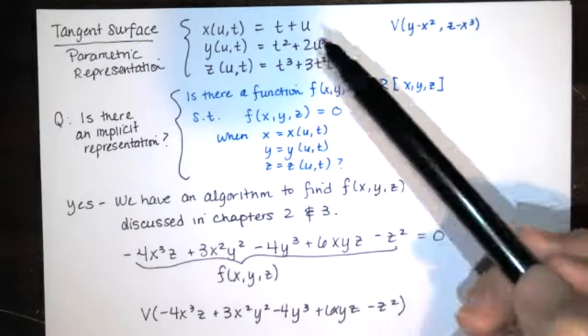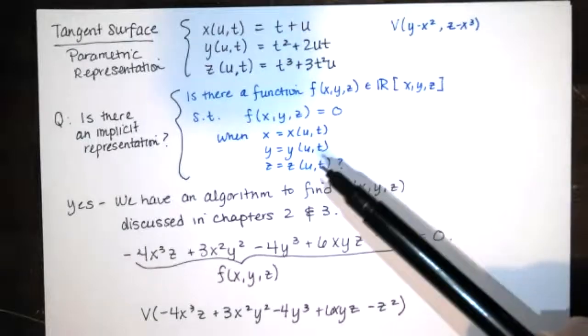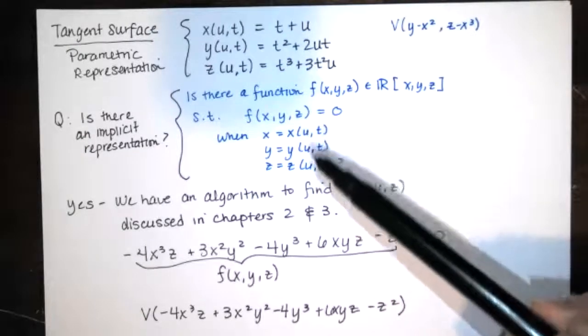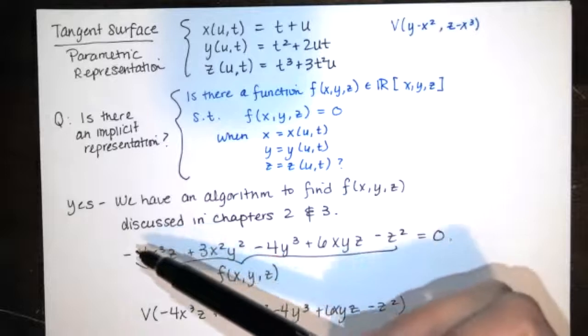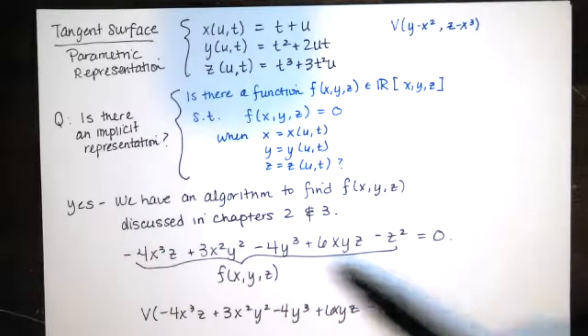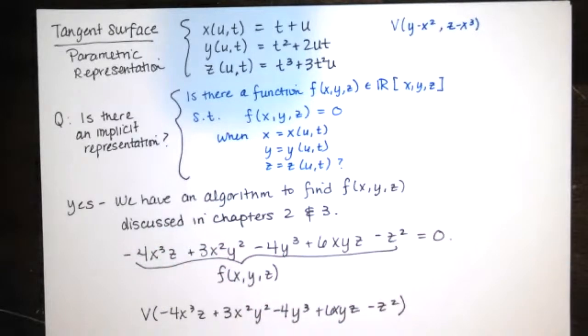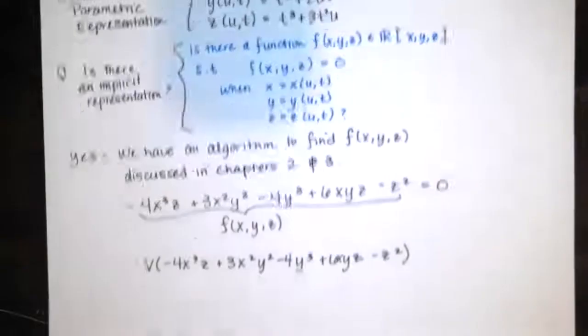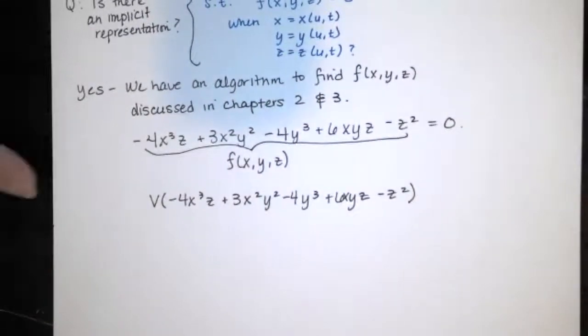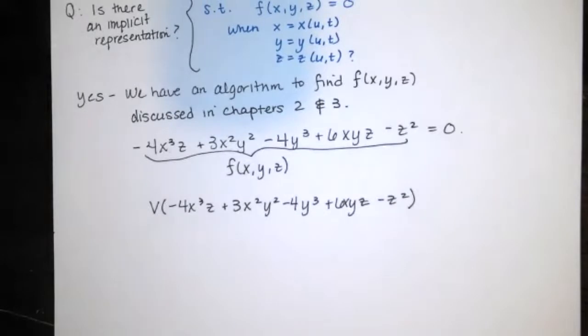So when x, y, and z satisfy these equations, you can plug those expressions for x, y, and z into this equation, and you're going to get the right thing. You're going to get 0. So that is the end of our discussion of those two examples. Next time, we'll talk a little bit about an example from computer-aided geometric design.